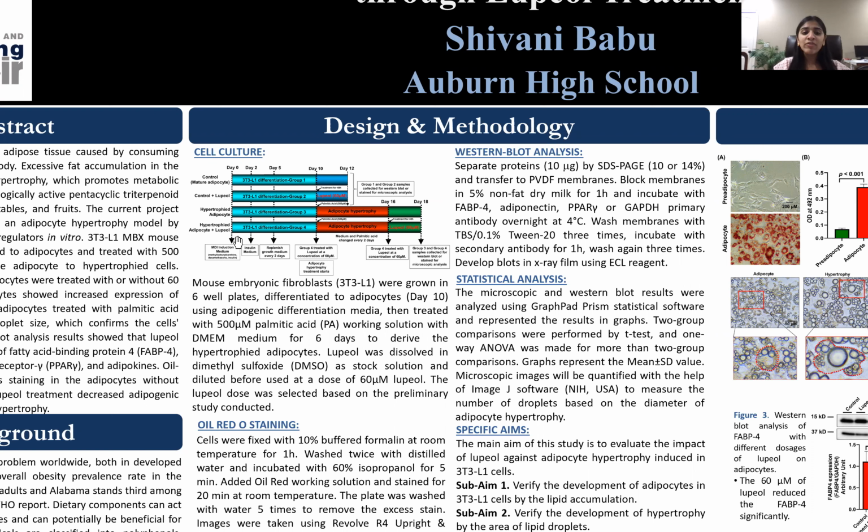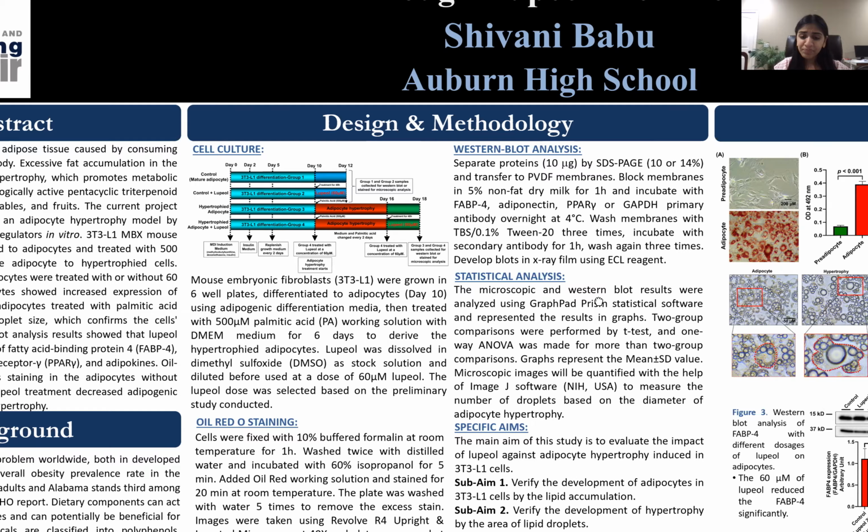And for groups 3 and 4, for 6 more days after the insulin medium, they were treated with palmitic acid in order for these adipocytes that were formed in day 10 to become hypertrophied adipocytes. After that, they were also treated with DMSO treatment and Lupeol treatment, respectively. After this, the cells were collected and analyzed using Oil Red O staining and Western blot analysis.